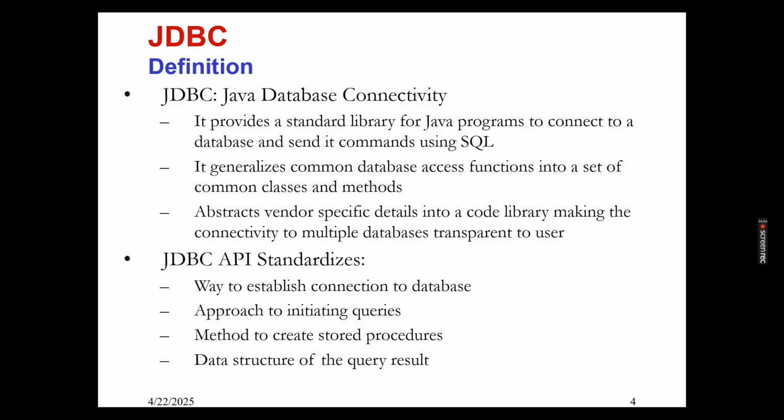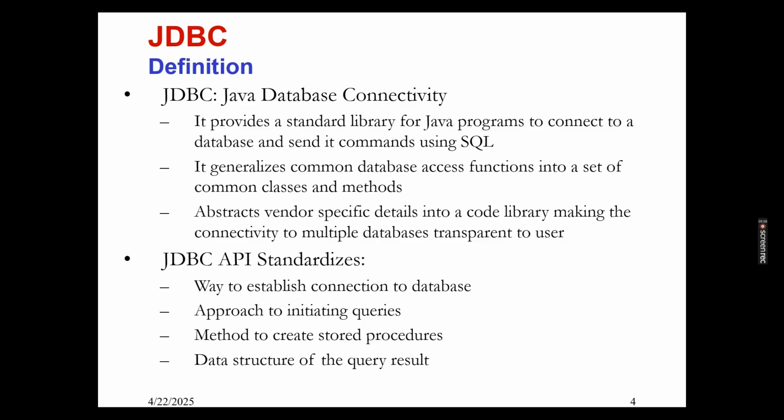So the JDBC API is like functions and classes which are required to connect Java and databases. For that we require classes like connection classes, classes for executing queries, classes to store the data retrieved from the database into our objects, and classes to execute the different types of statements.